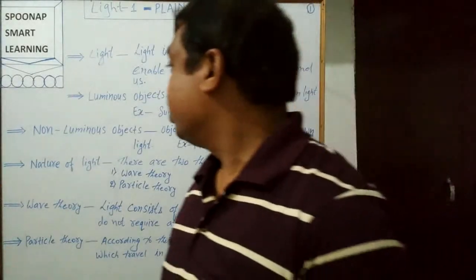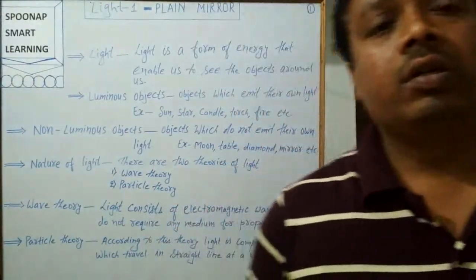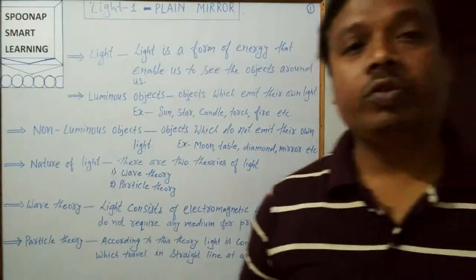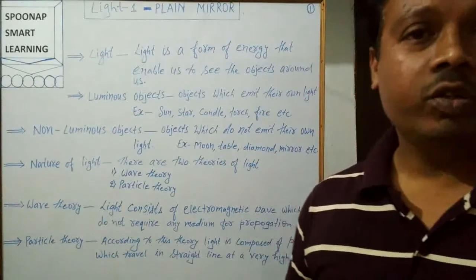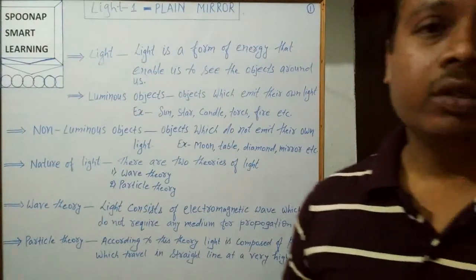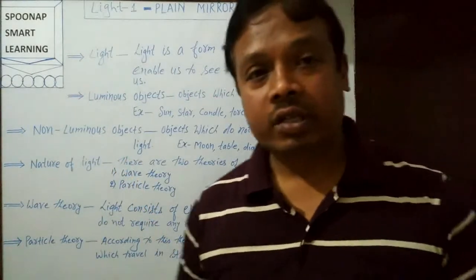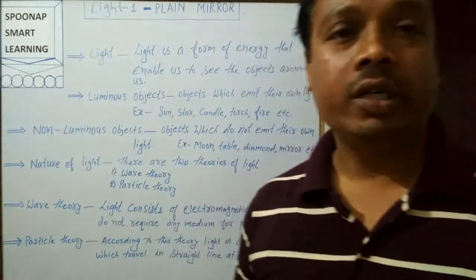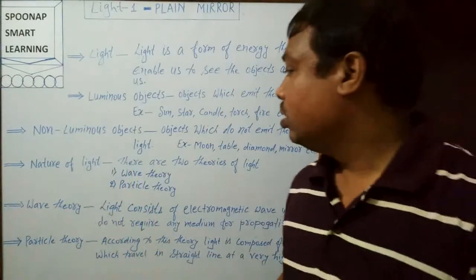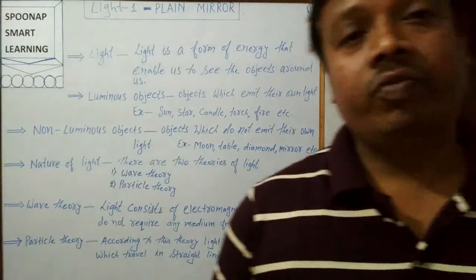Now we will understand what is the nature of light. There are two theories regarding light. One more theory, that means third theory, also has been given, which is the combination of first and second theory. We will discuss it a little later. First of all, let us understand wave theory.